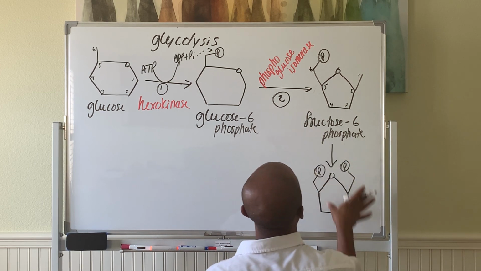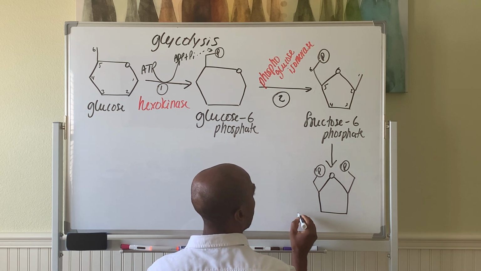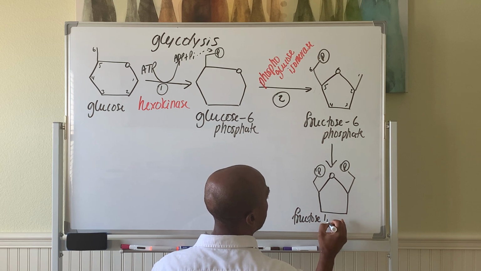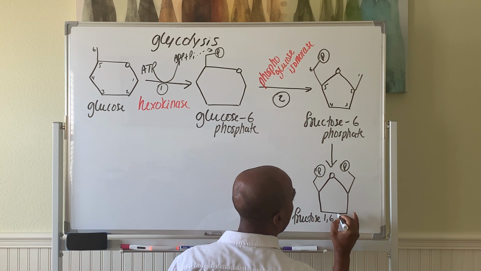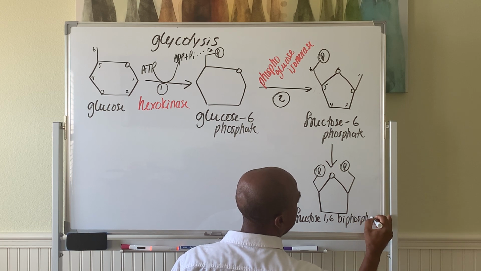So now this is called your fructose 1,6-biphosphate.